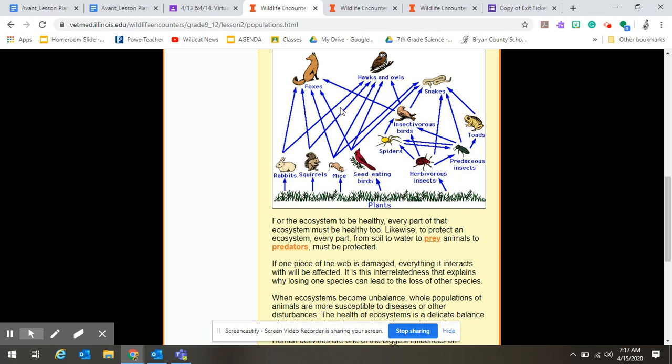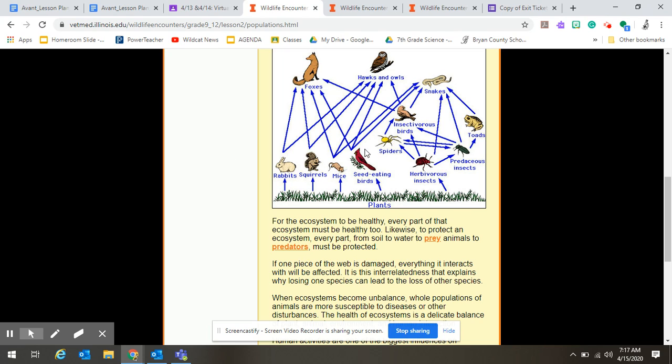So you're seeing how the transfer of energy happens. That's what our arrows are representing here. But if we take out a link, so if we take out rabbits here, maybe something happened to the rabbit population that year, the foxes are going to be more heavily reliant on everything else they eat.